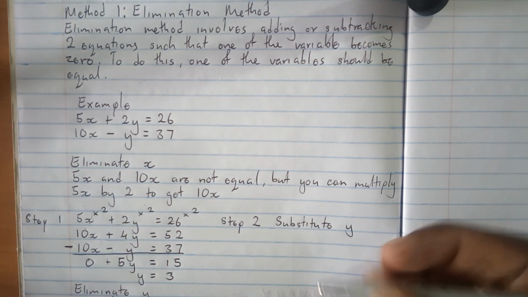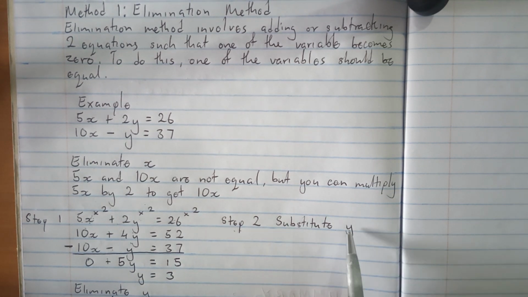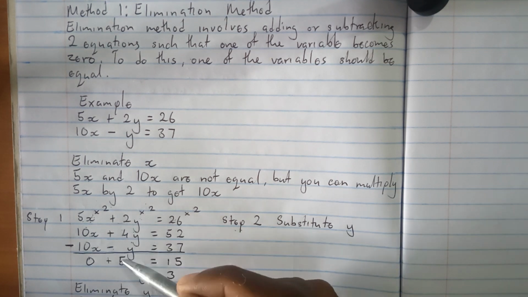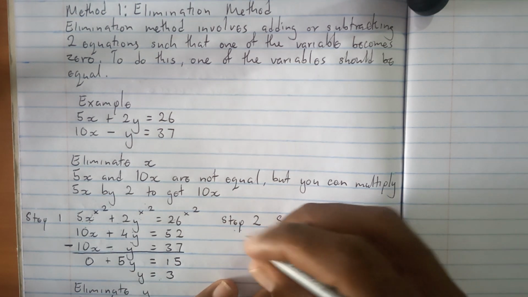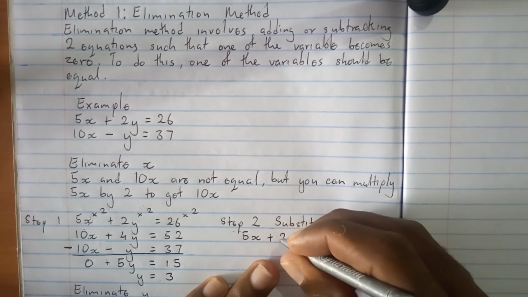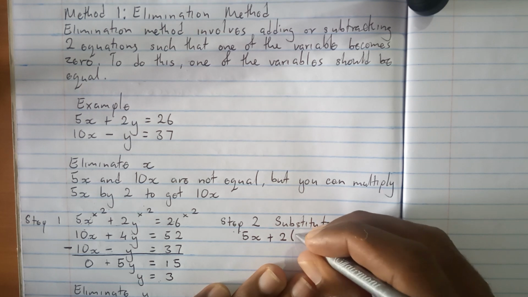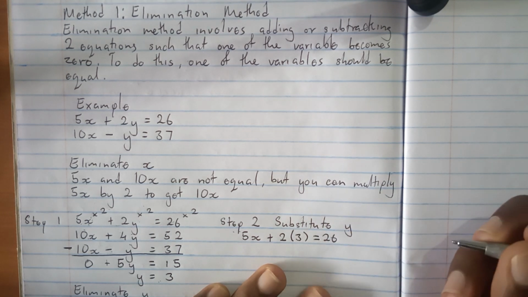Okay. Then we go to step number 2. Step number 2 is substituting y. We've already found y here. So we can take any of the equations to substitute y so that we can find x. I'm going to take 5x plus 2y, but I will not write y. I will write 3 in brackets is equals to 26.